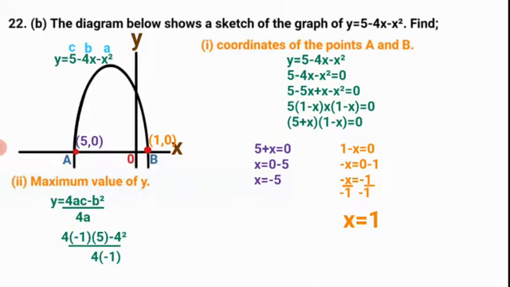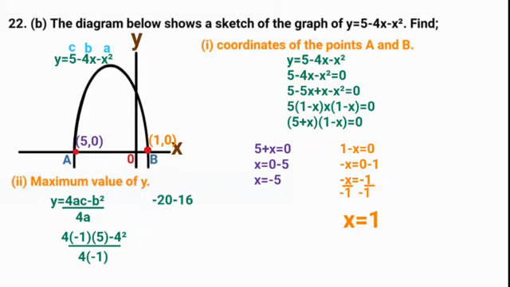So 4 times -1 will give us -4. -4 times 5 will give us -20. Then we focus on (-4) squared. (-4) squared is going to give us a positive, which is 16.